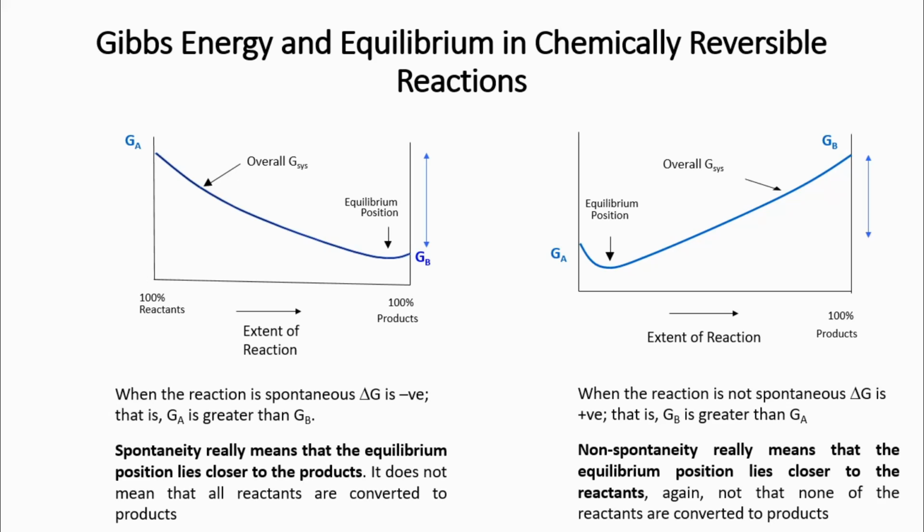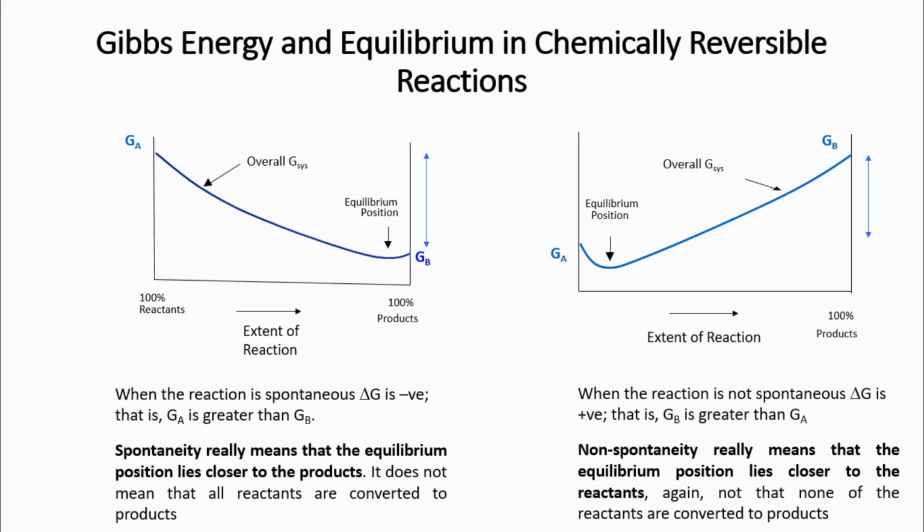In a non-spontaneous situation now, as you go from reactant A to product B, the free energy increases, and so when you take the free energy of the product minus the free energy of the reactant, in order to get the free energy change for the process, you will end up with a positive value.